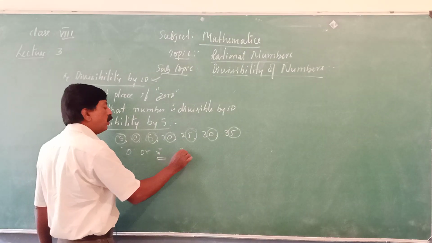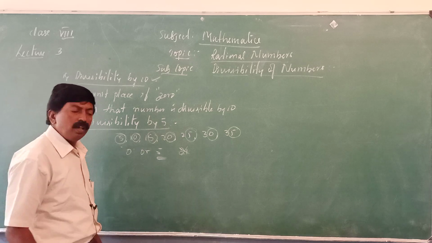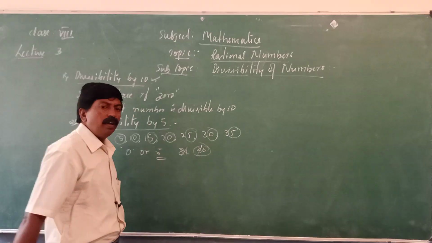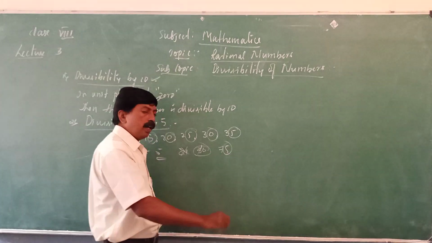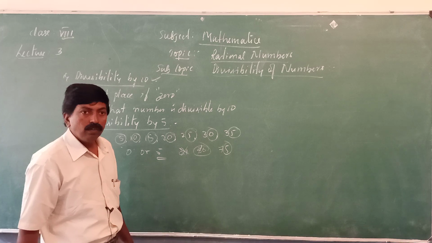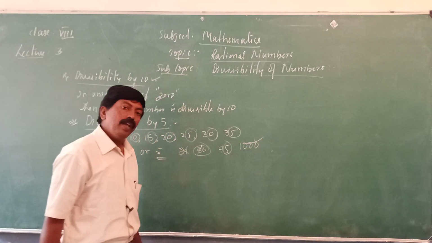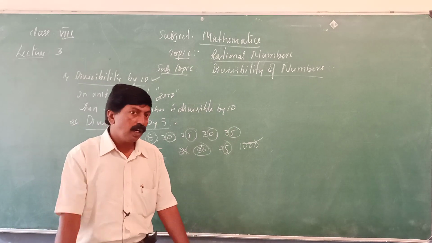Suppose you have taken 21, the unit place is 1, it is not divisible by 5. Suppose 36, the unit place is 6, it is not divisible by 5. Suppose 75, yes, the unit place is 5, then that number is divisible by 5. Or 1000, the unit place is 0, therefore that number is divisible by 5. Remember the two rules we have studied.